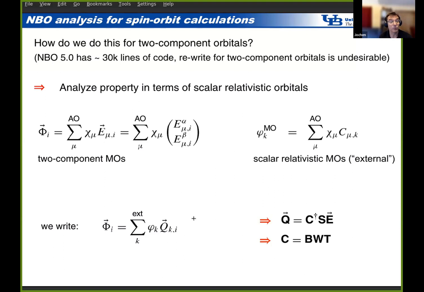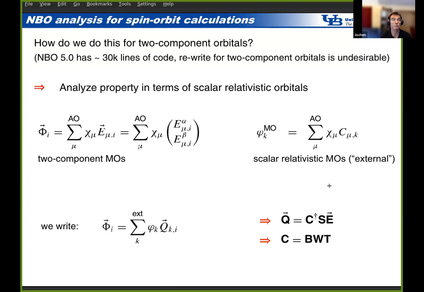And so instead, what we do is we use ADF and calculate two-component MOs, which I write here as a vector that's meant to be a spinor, not a proper vector, but what matters is that you have an alpha and a beta spin component to every molecular orbital. Then we do a second calculation where we exclude the spin-orbit interaction to get scalar relativistic orbitals.